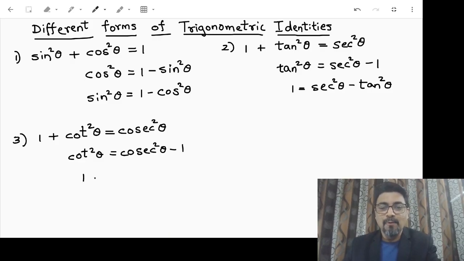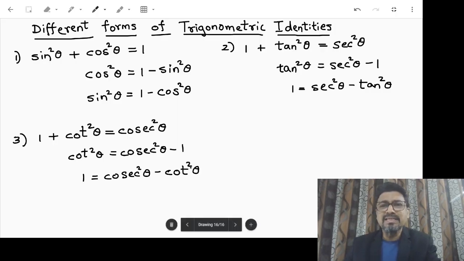I will have 1 is equal to cosec square theta minus cot square theta. Students, although there are just 3 trigonometric identities, you have to remember them in these 9 different ways so that solving questions based on trigonometric identities becomes extremely easy.